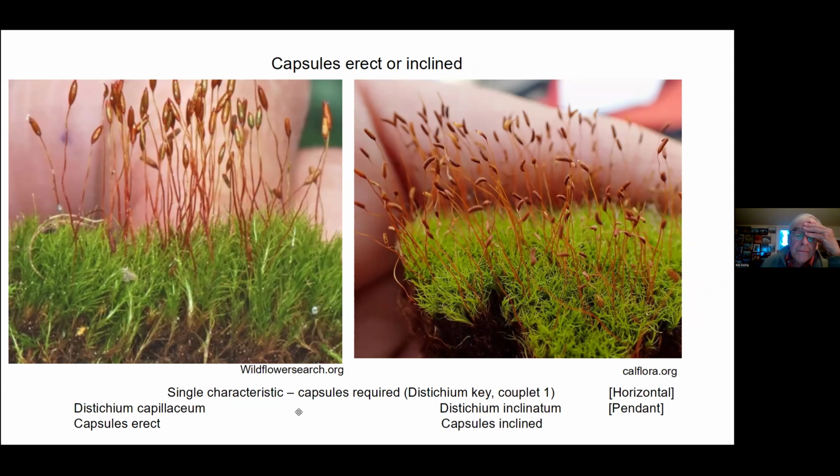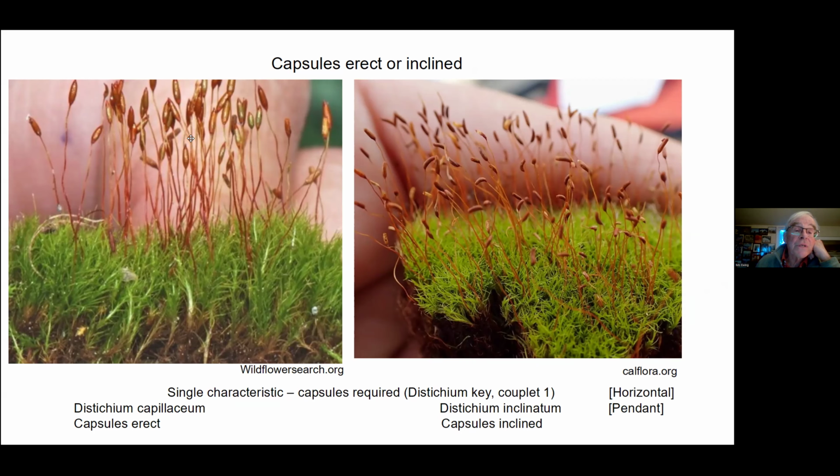In this case, in the Distichium key in couplet 1, again, this is the only characteristic that's used to separate Distichium capillaceum from Distichium inclinatum. And in Distichium capillaceum, the capsules are erect.